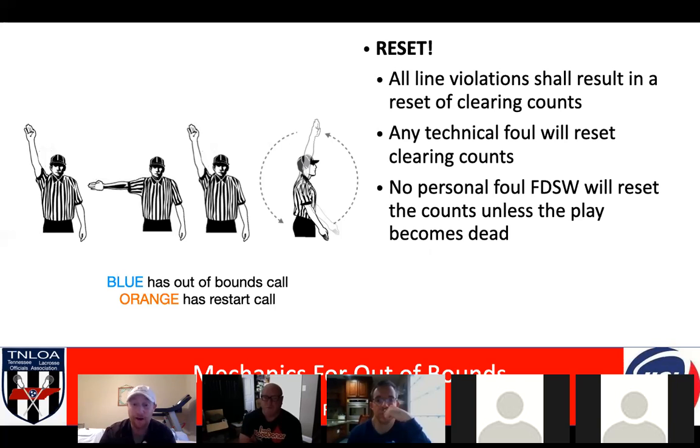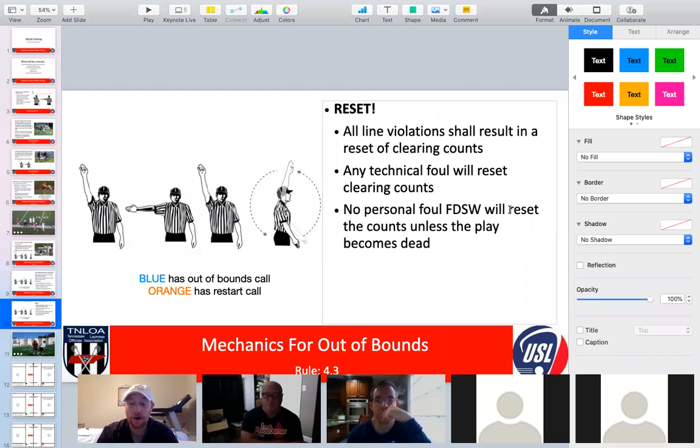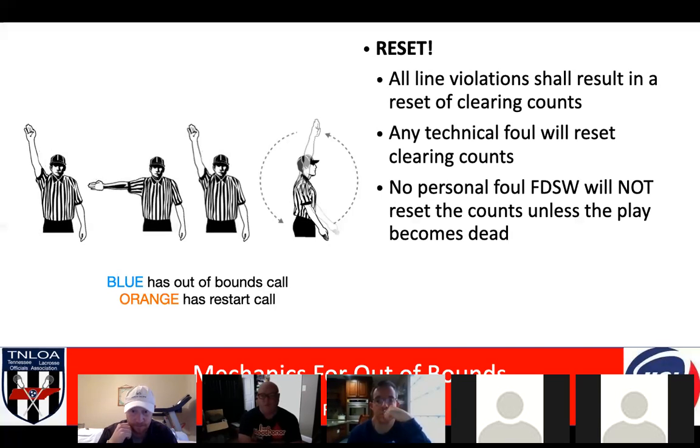A personal foul, flag down, slow whistle, that's the FDSW, will not reset the counts unless the play becomes dead. A personal foul will not reset the counts. Only a technical foul will reset counts. Personal fouls, flag downs will not reset our counts.